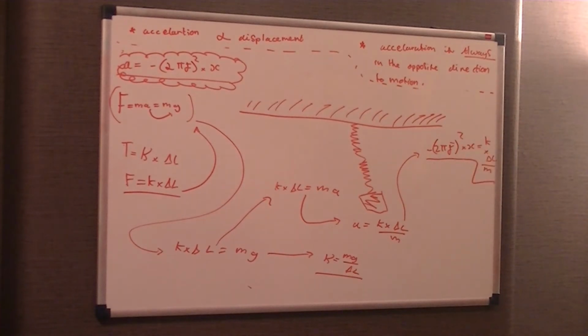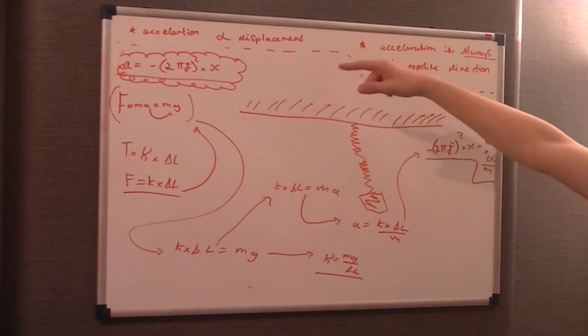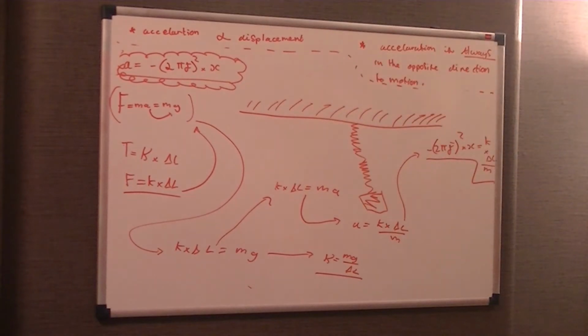Just to reiterate, if I went through it too quickly the first time, the acceleration is minus 2 pi frequency squared times x, and x is the displacement. So we've simply used a derivation of Hooke's law and rearranged it to get A, and then put A as our simple harmonic motion acceleration equation.